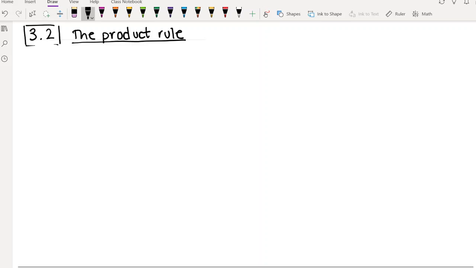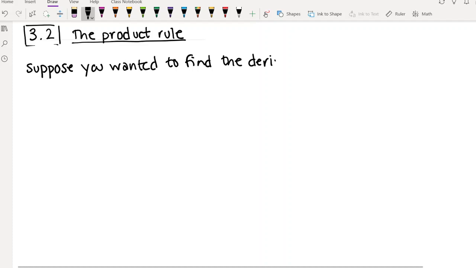Let's say that you wanted to find the derivative of the following function. h of x is equal to x squared times e to the x.